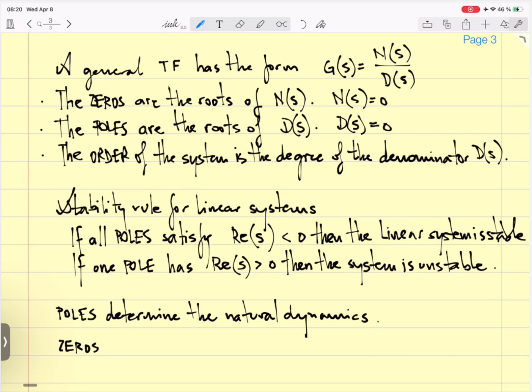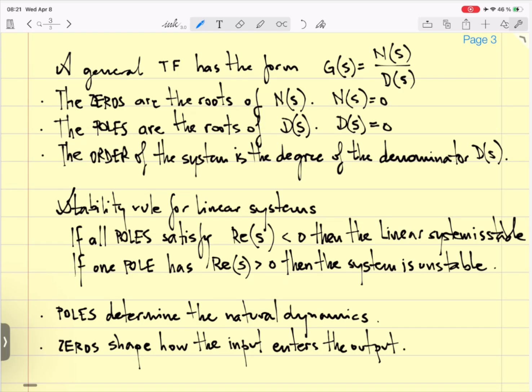And zeros shape how the input enters the output. This is important because students often remember poles but forget the zeros, okay? And you cannot allow this to happen.